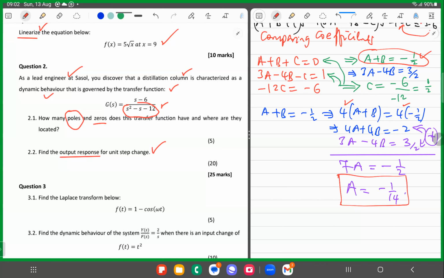That's a good question. Why did I use 4? Because I want to cancel the b's, because this one has 4b.